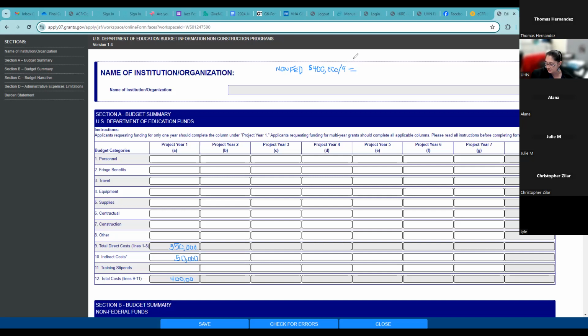And let's see what that gives us. $44,445 rounded up. 44,000 for what? 445. 445.